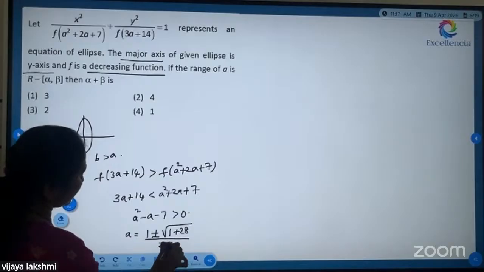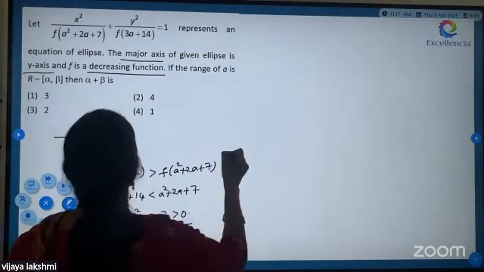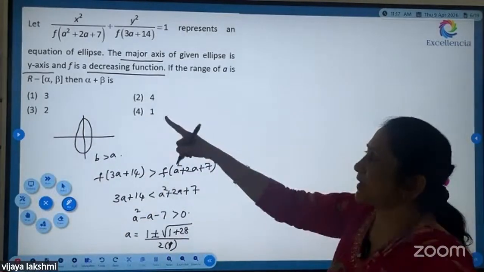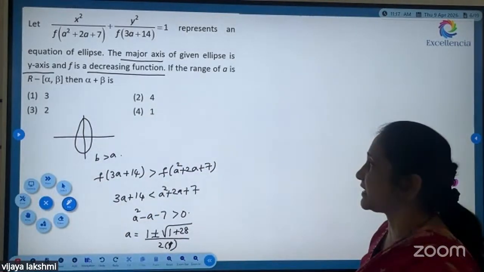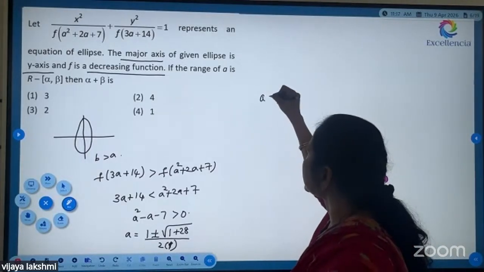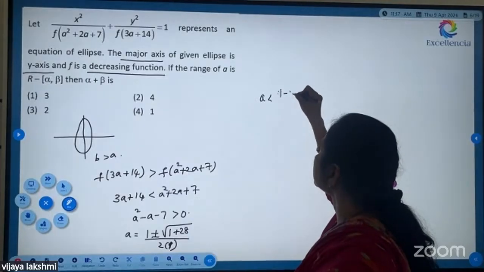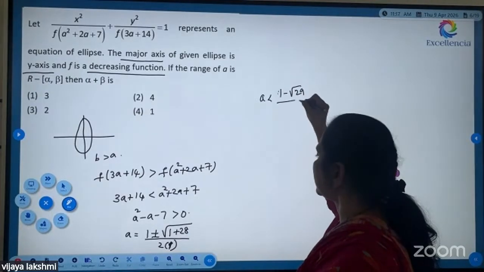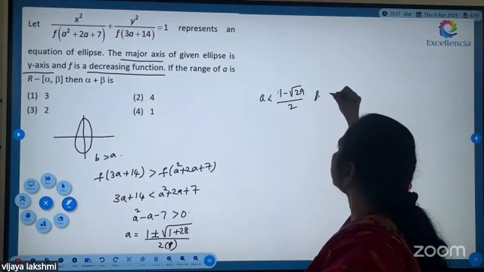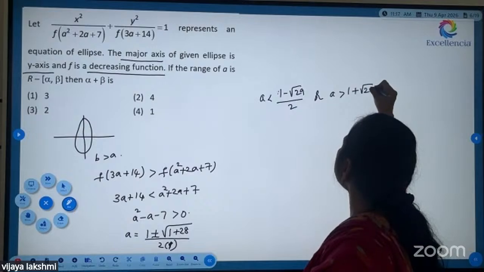Now the values of a, that means we can write it as the interval alpha comma beta, or rather, a less than 1 minus root 29 by 2 or a greater than 1 plus root 29 by 2.